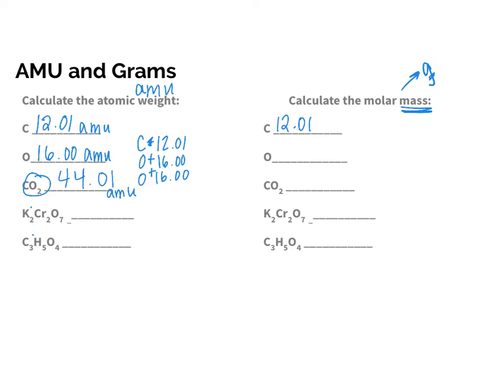So it's 12.01 grams. Oxygen would be 16.00 grams. Carbon dioxide would be 44.01 grams, and so on and so forth. So atomic weight is the same number as molar mass, the only difference is that we are measuring in grams. With atomic weight, we're really measuring the weight of the one atom, whereas with molar mass, we are measuring the mass of a mole of the particles.